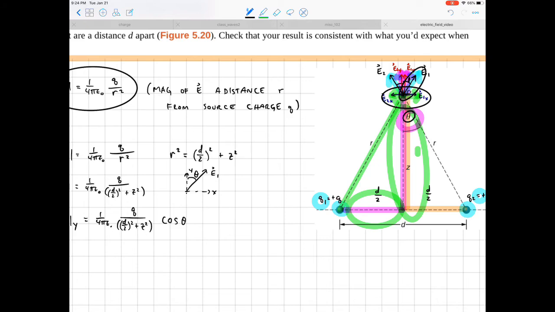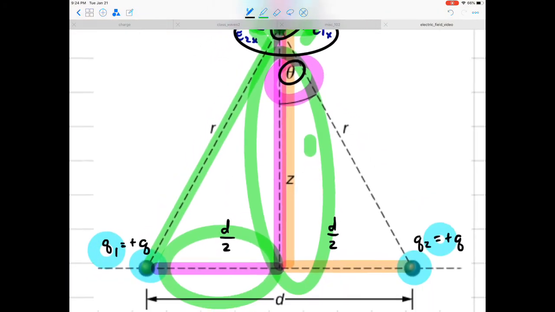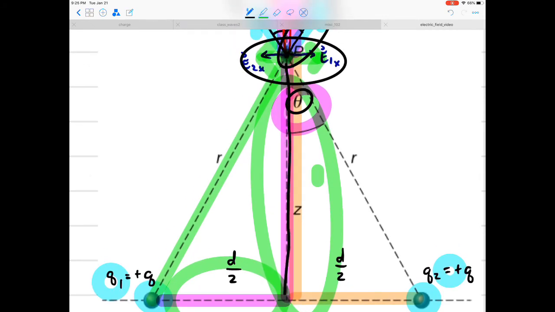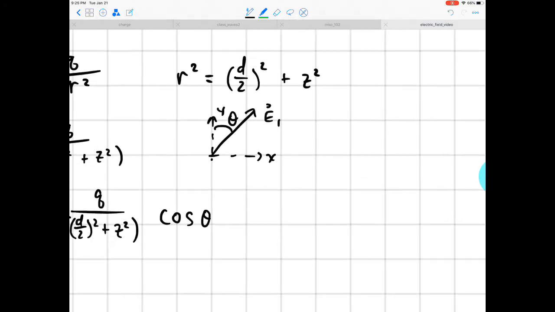Now, the other thing we can do is recognize that if we look at this big triangle, cosine of theta is equal to z over r, which is the same thing as z over d over 2 squared plus z squared to the 1/2, because this is equal to r. So I can swap out the cosine theta term.